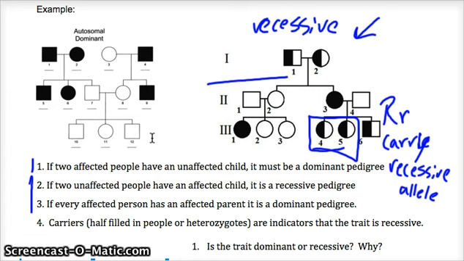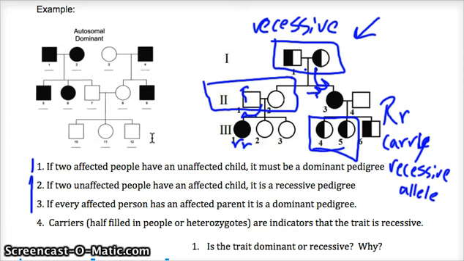If you look here, generation 2, these parents, neither of them had, well actually these parents didn't even have the trait either because they're only halfway colored in. So these 2 parents didn't have the trait, yet one of their kids from this grandparent had the trait, and one of these parents had a kid with the trait. Alright, and actually there's something wrong with this pedigree because if this kid has the trait, little r, little r, that means both of these had to be carriers, big R, little r, and these should have been halfway colored in.